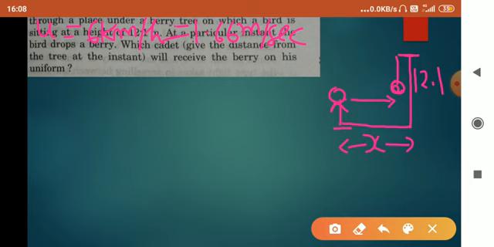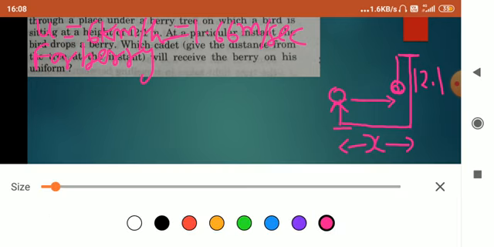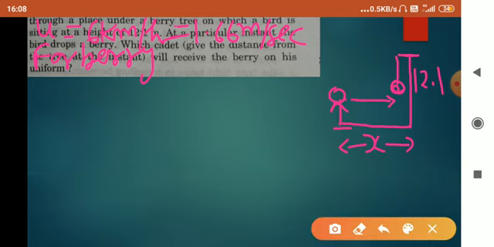As we have done in the previous case, time taken for the berry to fall is equal to time taken by the cadet to cover distance x. So for the berry, initial velocity u is 0. Clear? u is 0.